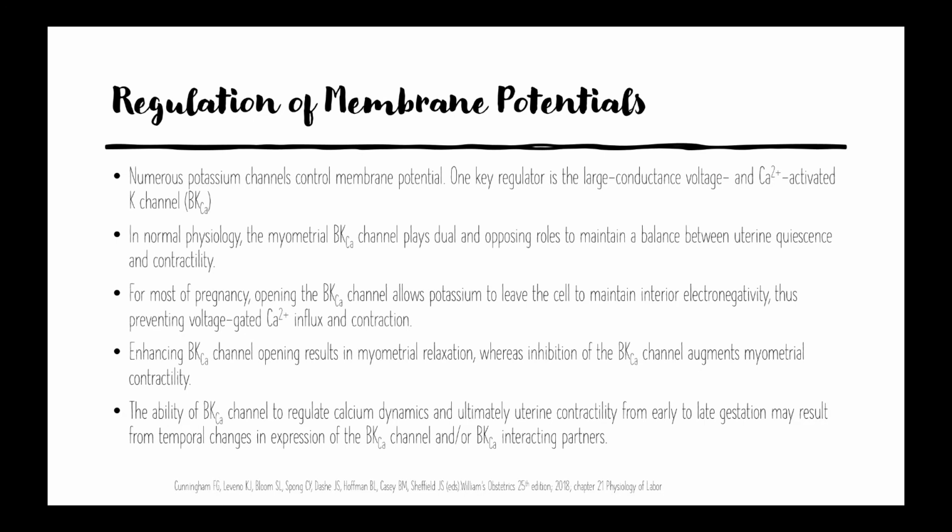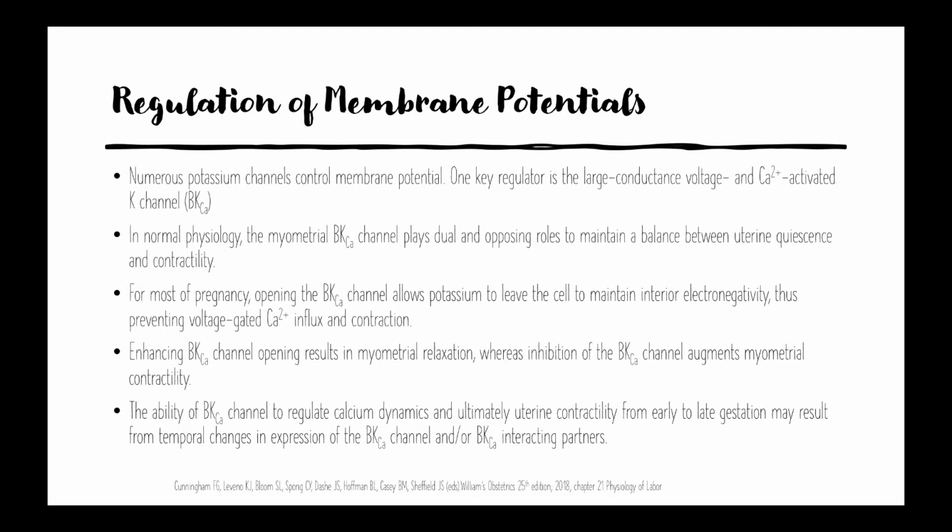Numerous potassium channels also control membrane potential, and one key regulator is the large conductance voltage and calcium activated potassium channel, or BK calcium channel. In normal physiology, the myometrial BK calcium channel plays dual and opposing roles to maintain a balance between uterine quiescence and contractility.